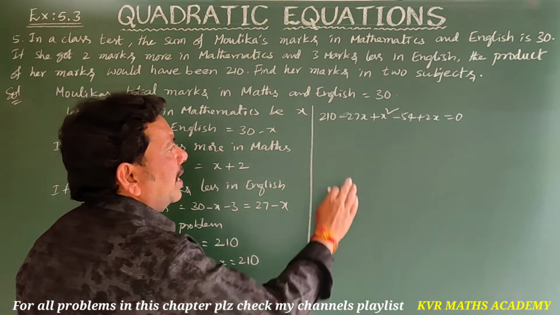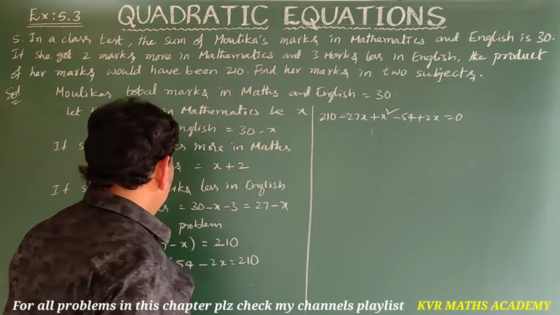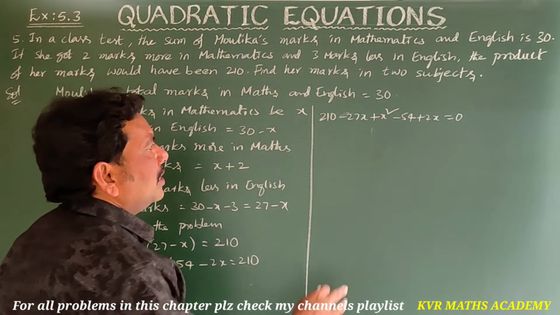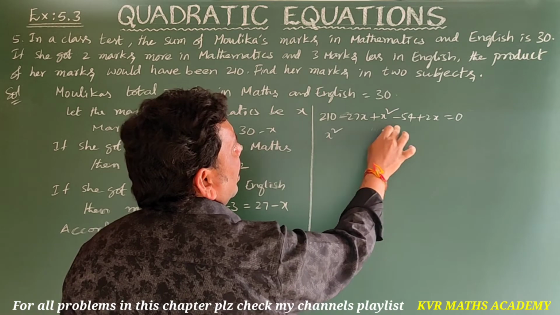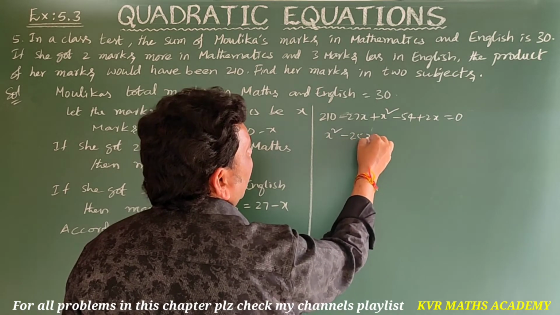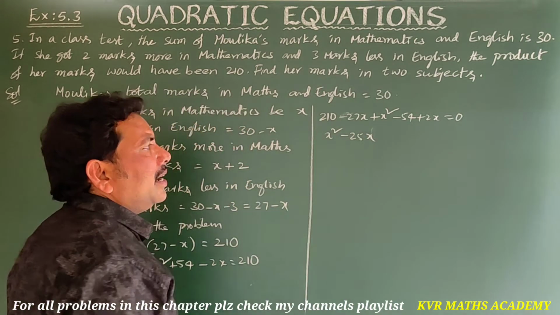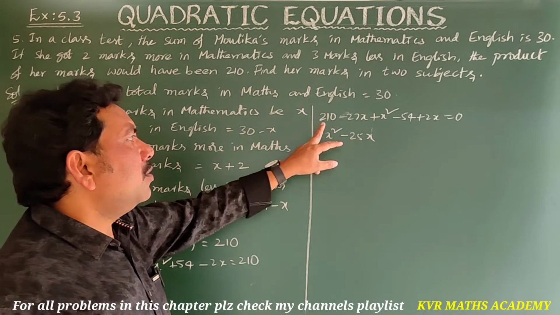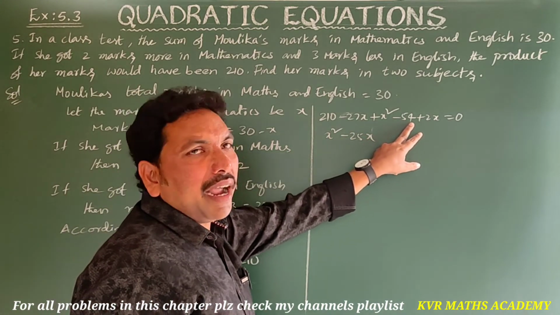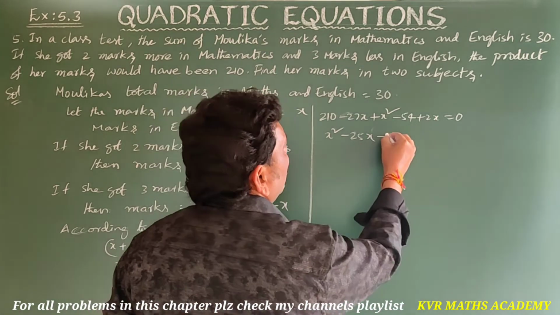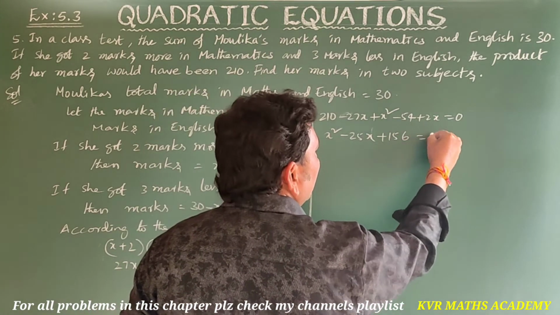Now write according to the quadratic equation: x square minus 27x plus 2x, minus 25x, plus 210 minus 54. 210 minus 50 is 160, again minus 4, 156. So plus 156 is equal to 0.